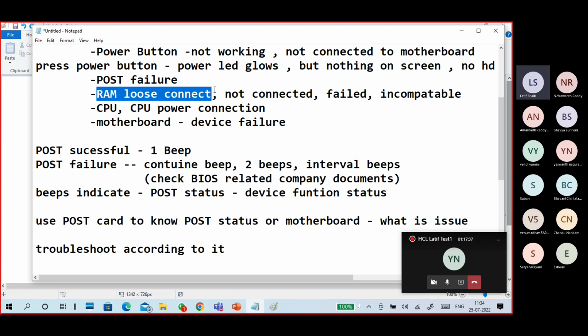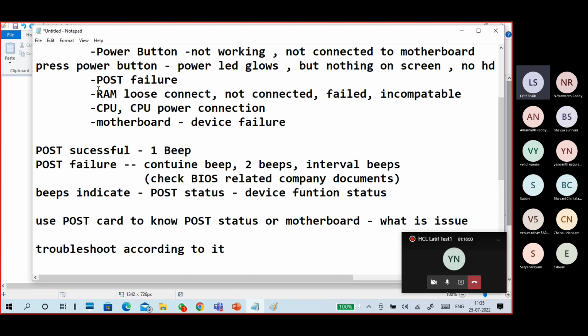People think it is switched off, so no problem, but it is still not completely safe even in the switch-off condition. That's why you have to remove the physical power cord also. Then open the cabinet, remove the RAM, reinsert the RAM and try it.